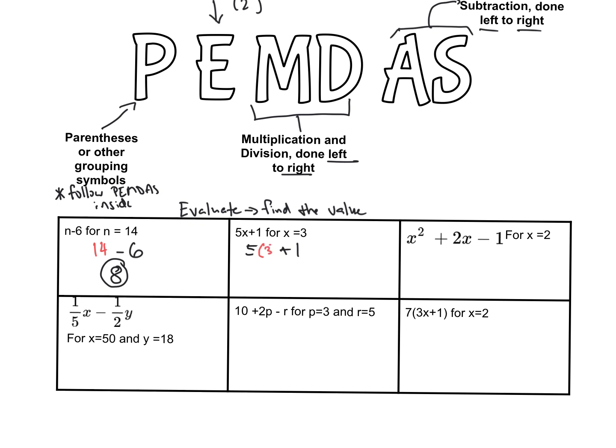And I'm going to use a parentheses to show that we're multiplying. Remember, we're not going to use x anymore for multiplication, because x looks like a variable.